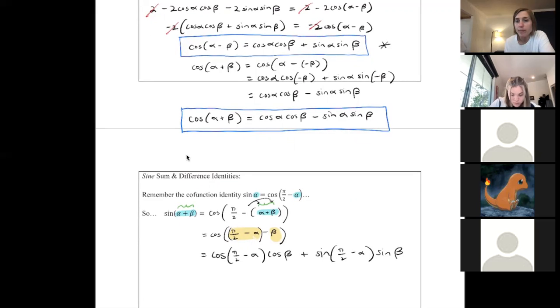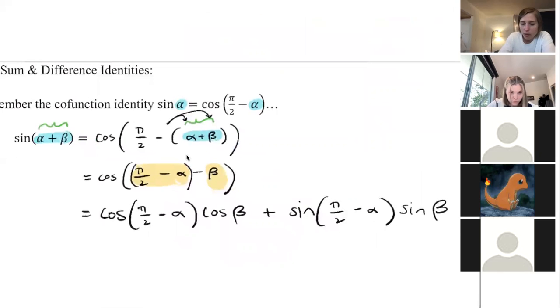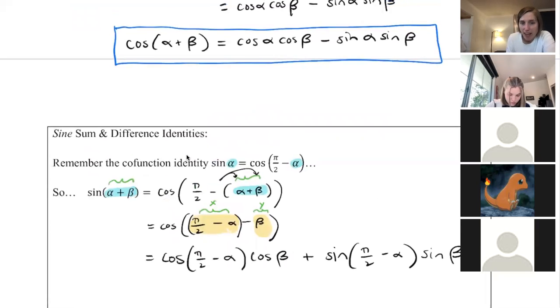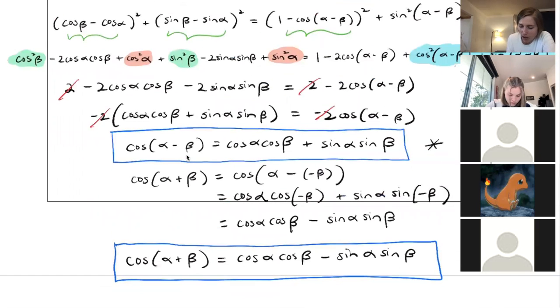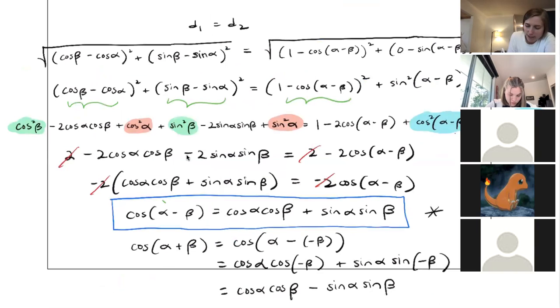Wait, can you explain really quickly how you went from the second step to the third step? I'm still a little confused about that. Okay, let me see if I can help with a visual. What if you thought of this as angle X and that is angle Y? And if we go up here, if you thought of this as cosine of X minus Y, right?